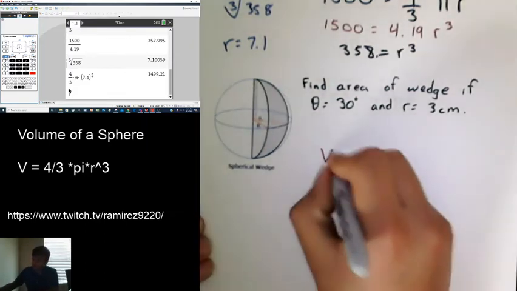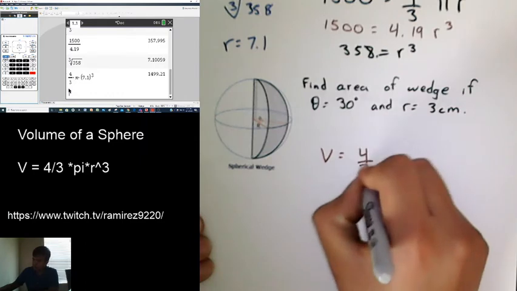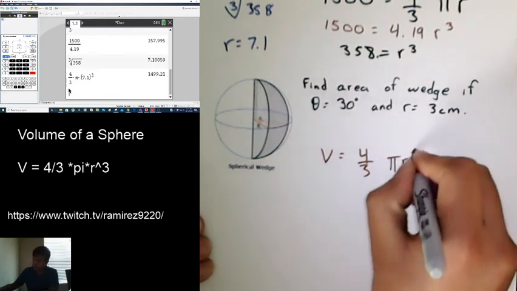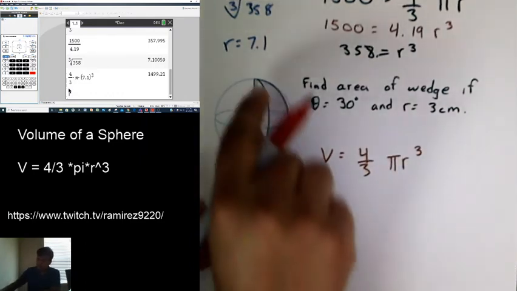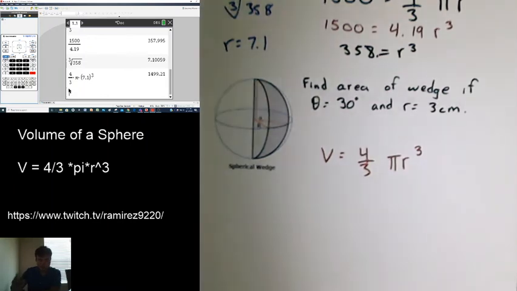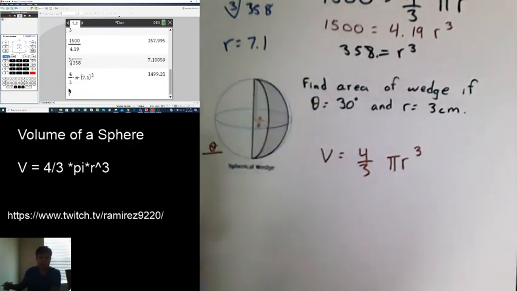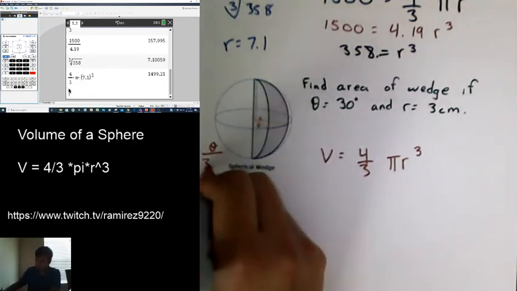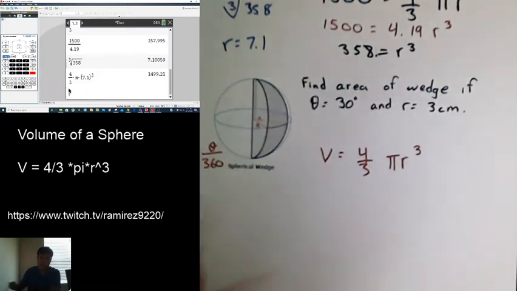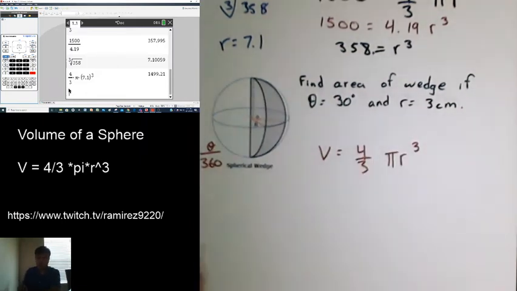Normally, the formula is 4 over 3 pi r to the third power. But if you only care about a piece, a fraction, we create a fraction. That fraction is theta over the number of degrees in a circle, which is 360.